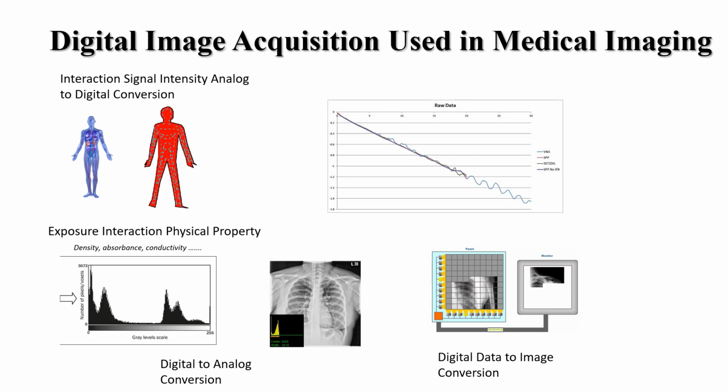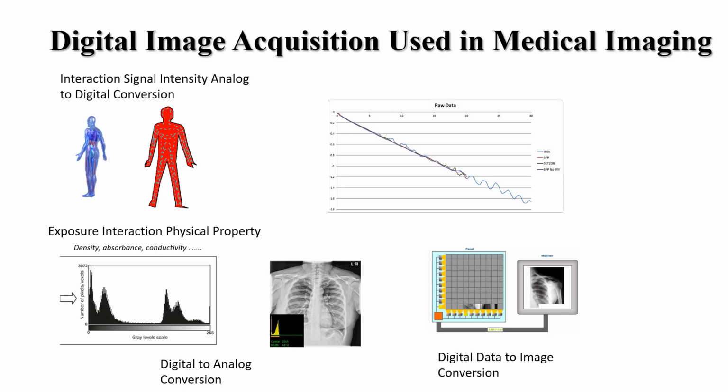In the first step, we are going to take energy and have that energy interact with tissues of the body. That interaction is then recorded, or the intensity of the interactions are recorded. And the recording is then transformed from an analog signal to a digital signal.